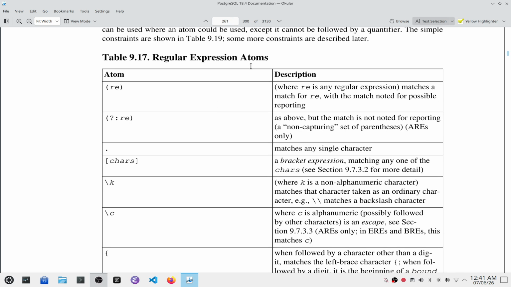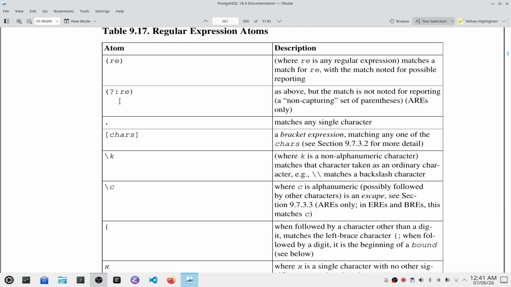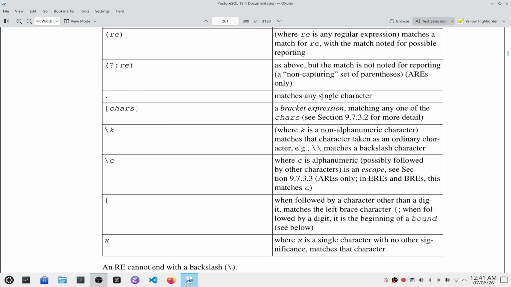So we have regular expression atoms here. The first atom is (re), where re is any regular expression; it matches a match for re, with the match noted for possible reporting. Then we have (?:re), as above, but the match is not noted for reporting: a non-capturing set of parentheses, AREs only. Dot matches any single character.